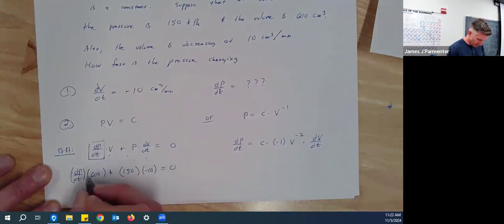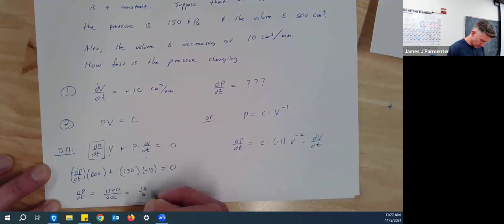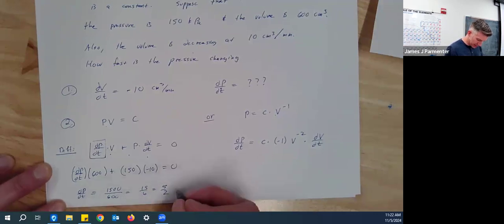And then dividing by the coefficient of dP/dt, I'm going to get divided by 600, which simplifies to 15 over 6, which simplifies to 5 over 2, or 2.5. And that should be measured in kilopascals per whatever my unit of time was.